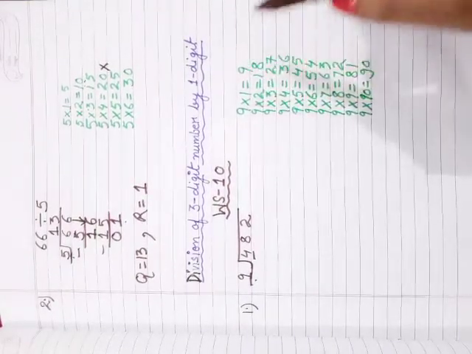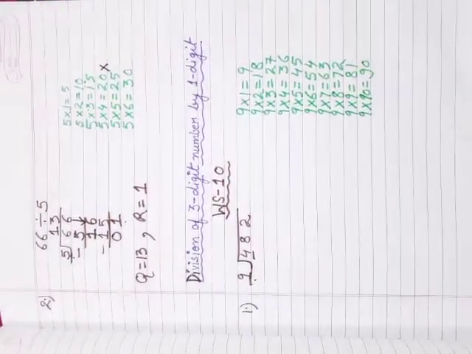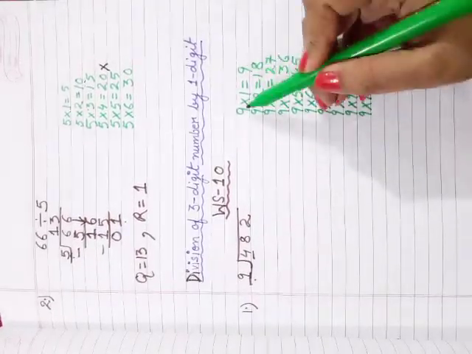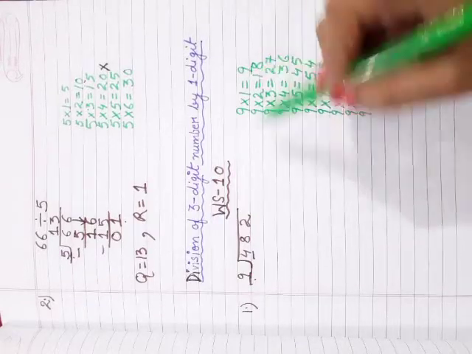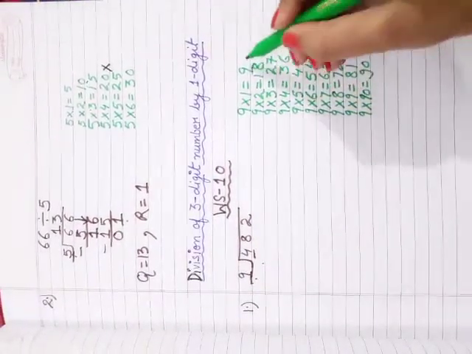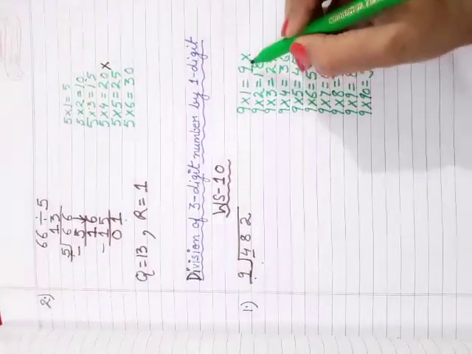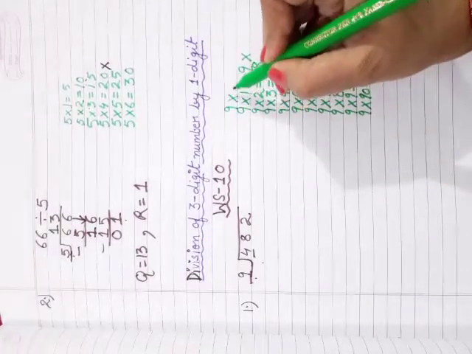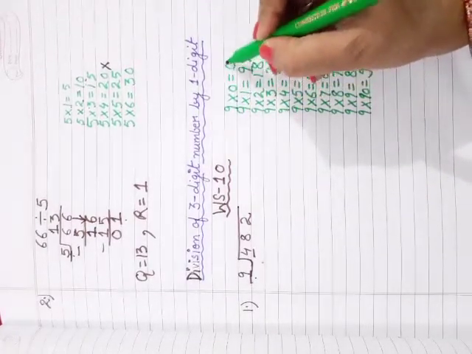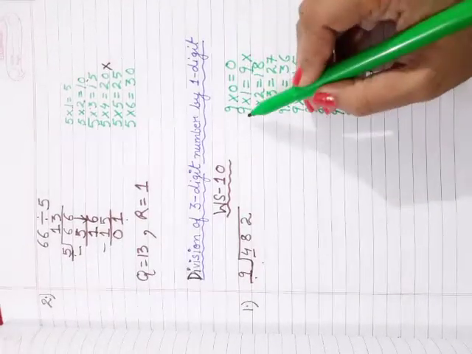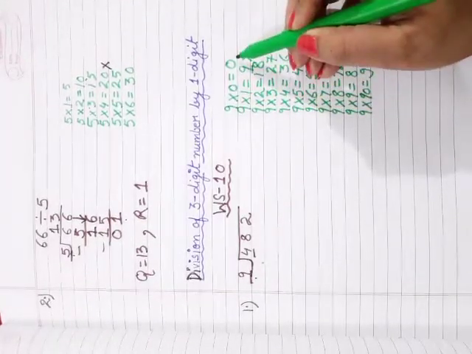As 9 1s are 9 is greater than 4, we have to stop here. We will not choose 9. So we have to move back. That means we will choose 9 zeros are 0. So we will choose 9 zeros are 0.